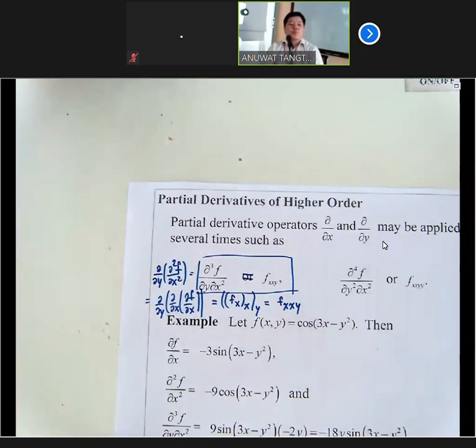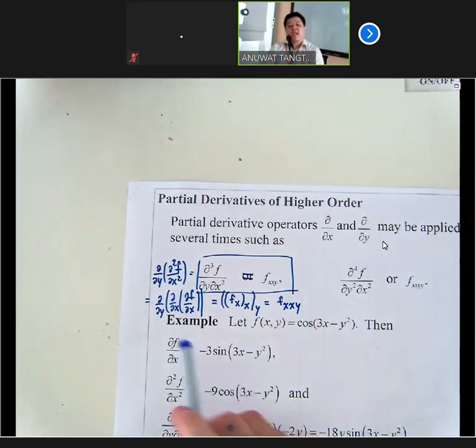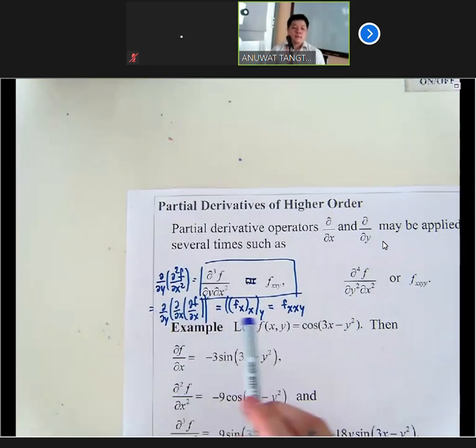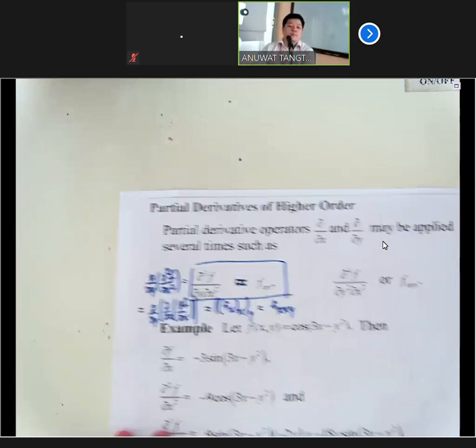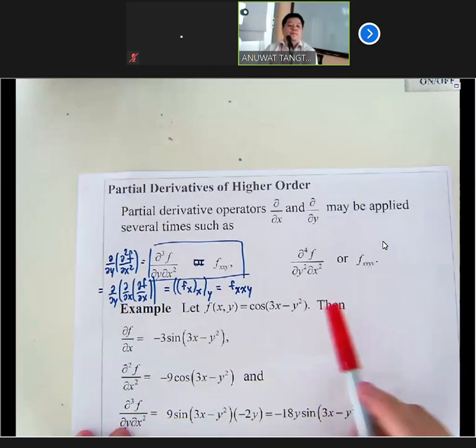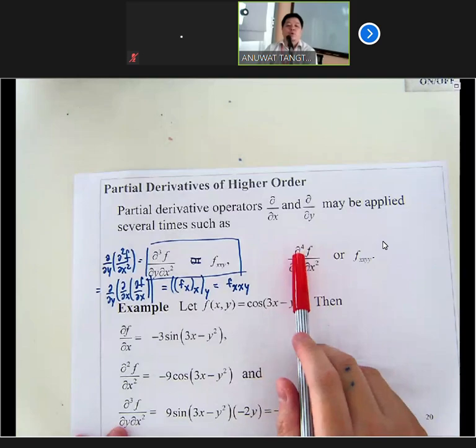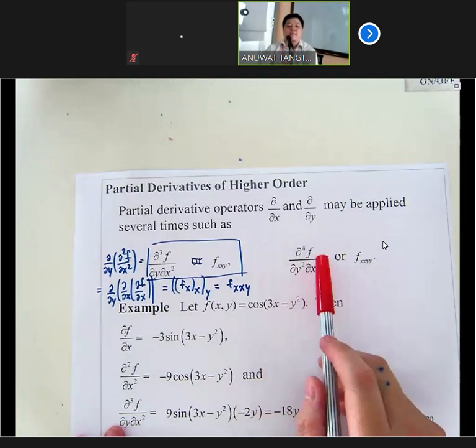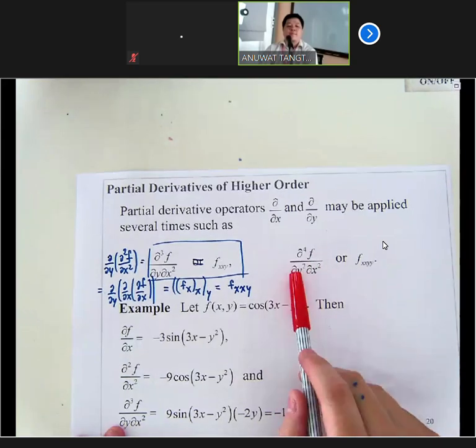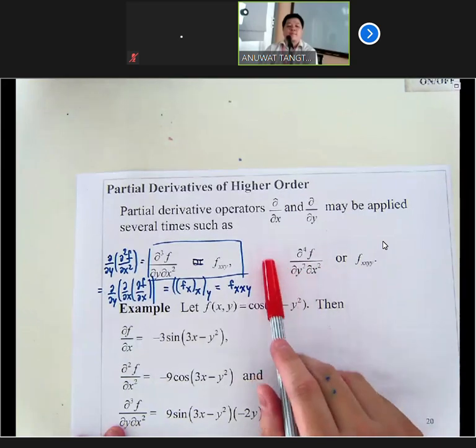Okay, so this is x, this is x. Okay, the notation would be the same. So this one, the fourth order, d4f by dy squared dx squared, means df by dx, df by dx, d by dy, d by dy of f x.